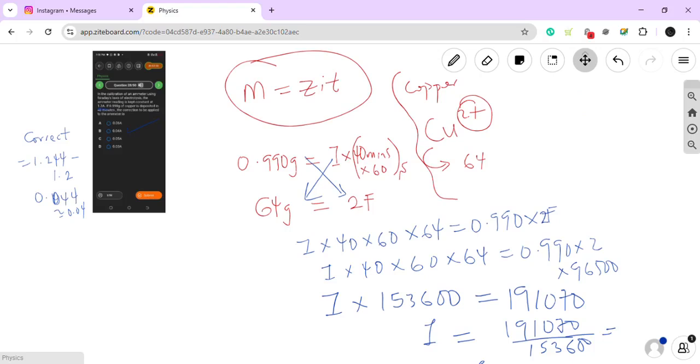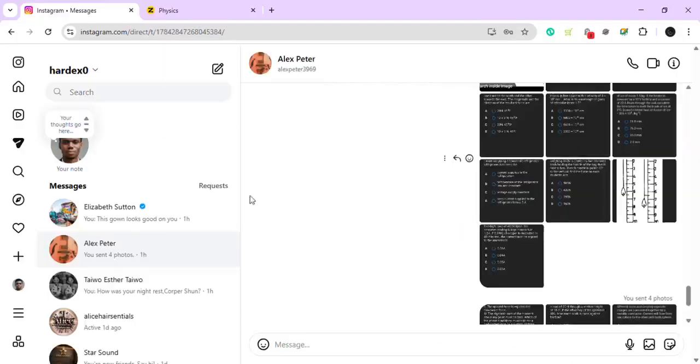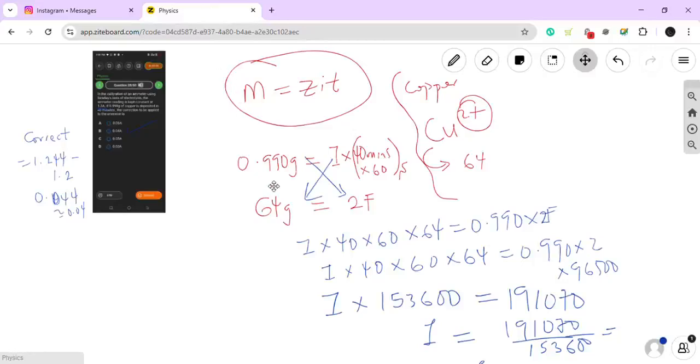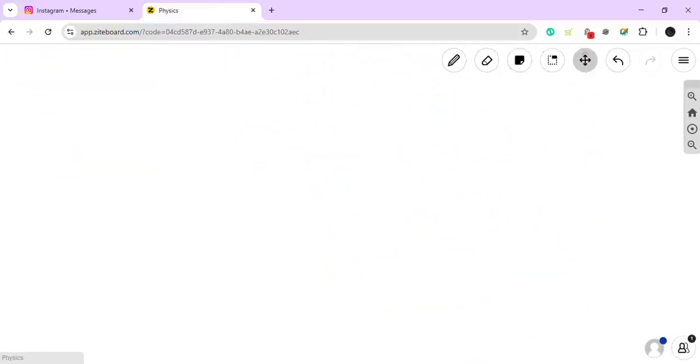Some are using 63, so it's just better to use 64. But most times they mention, okay, you have to use 64 grams, or you have to use 63.5.